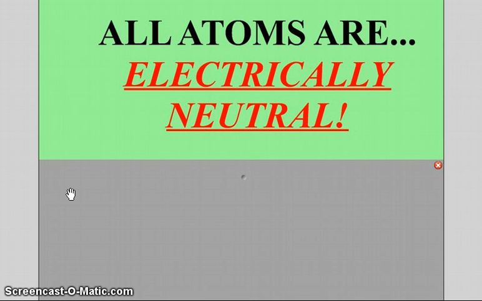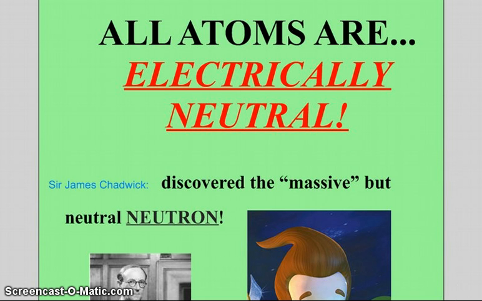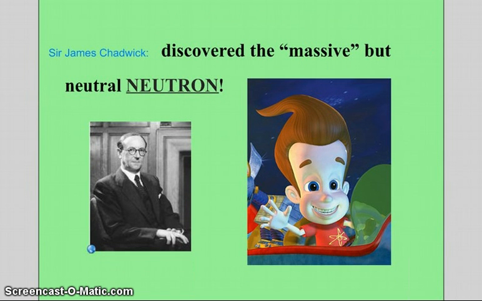And in addition, the last missing piece was the neutron. Not too long ago, about 80 years ago, Sir James Chadwick discovered the last missing piece, the neutral neutron. Now I have massive there because they were missing part of the mass of the atom. They knew how much the electrons weighed, they knew how much the protons were, they didn't add up.